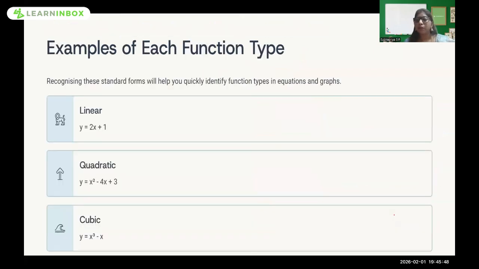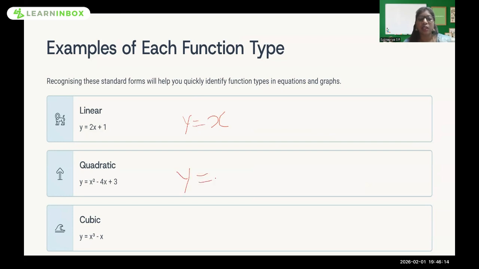So examples for each and every function, let us see. For linear, we can have y is equal to 2x plus 1. For quadratic, you can have y is equal to x square minus 4x plus 3. For cubic, y is equal to x cube minus x. Or you can have for linear just x alone.